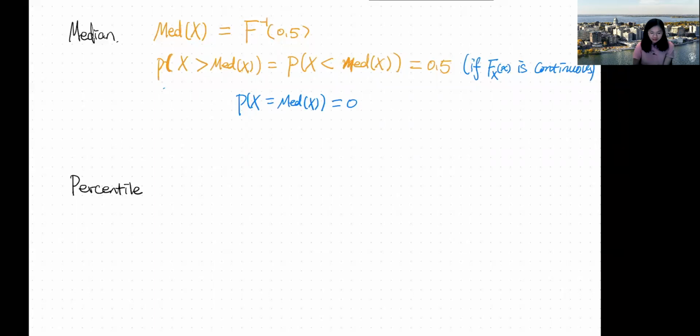And another related concept is percentile. Actually, I want to ease you into percentile. Let's talk about quartile first.